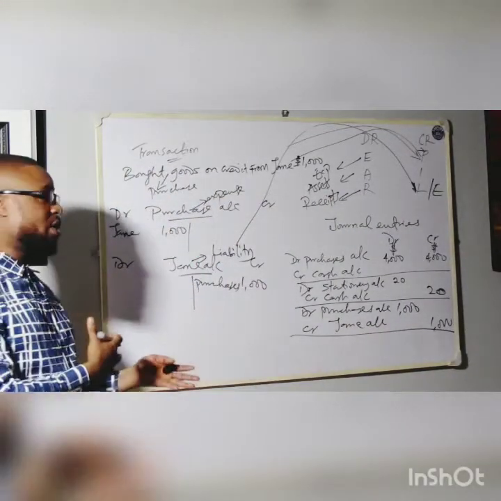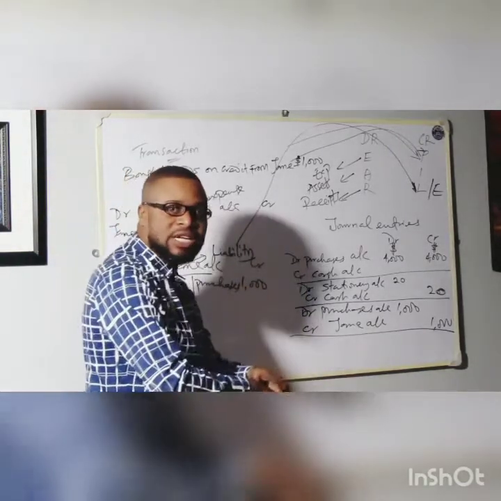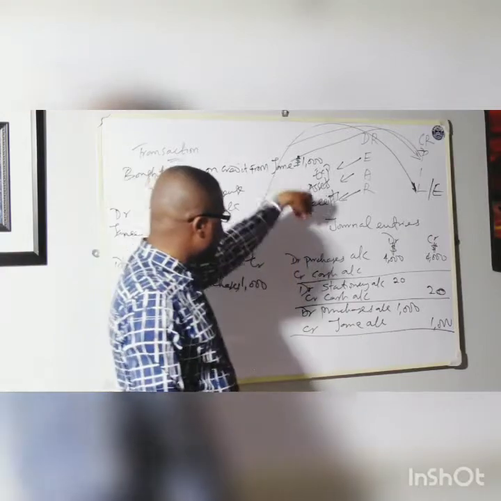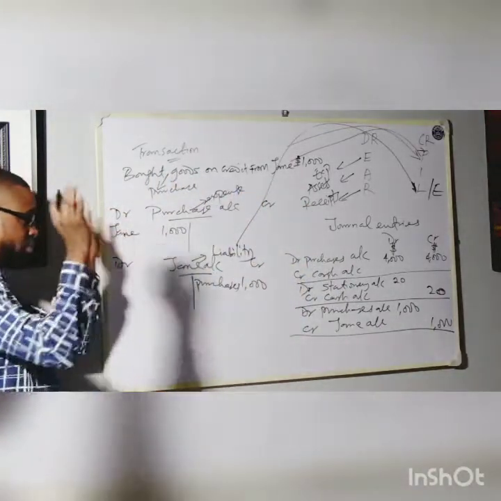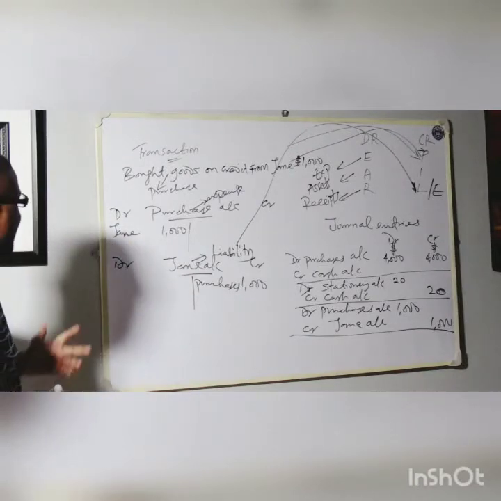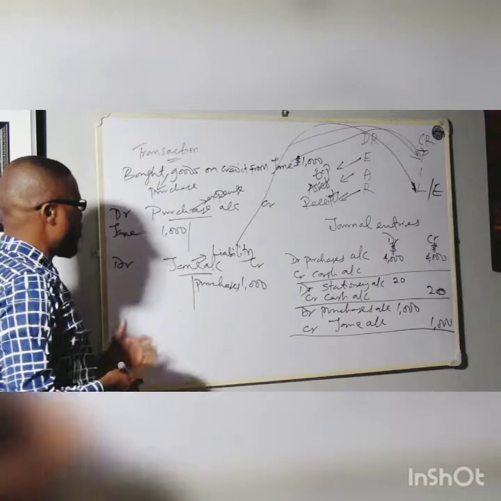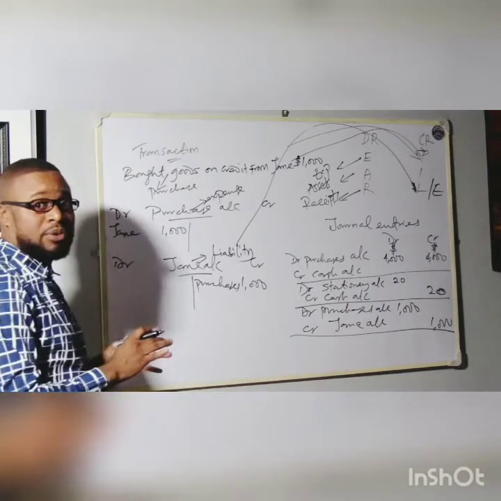And if you're working with accounting software, this is the instruction you have to input into the software. You say debit purchases, credit Jane, and it posts into all the accounts where the entries should appear. So this is how to handle your postings. It is very simple.